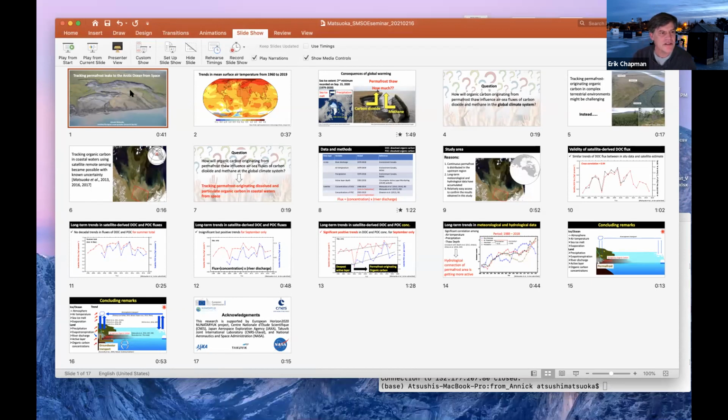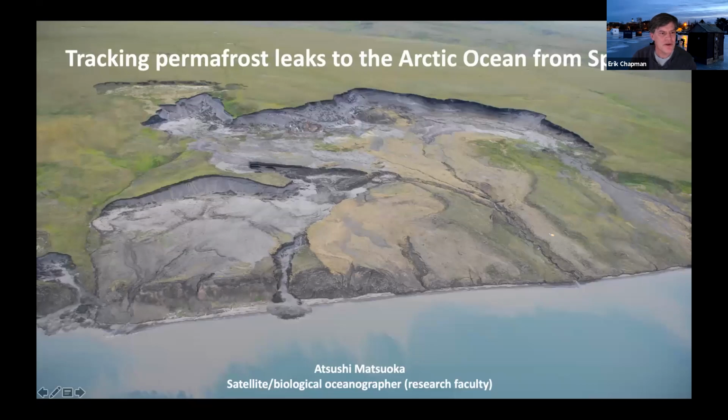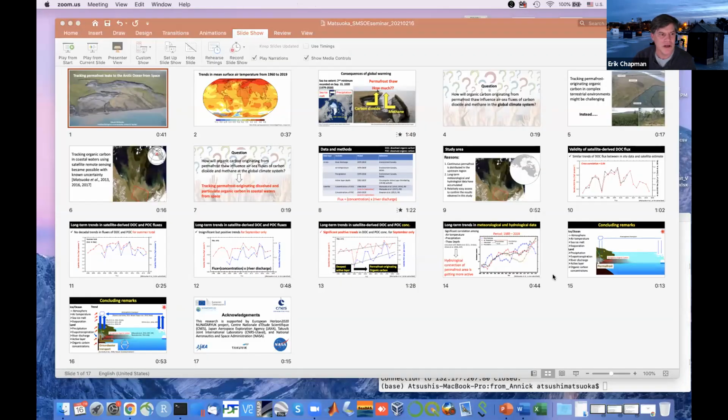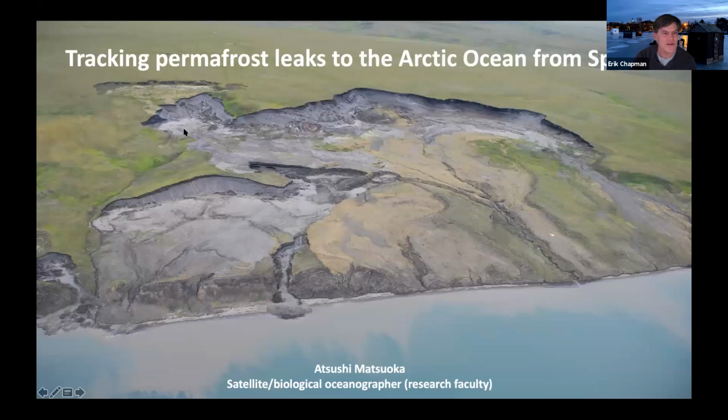Our next speaker is Atsushi Matsuoka. Atsushi arrived in January 2021, not too long ago, and he is a new satellite biological oceanographer research faculty member in the Marine School. He came from the Takuvik Joint International Laboratory in Quebec City, Canada, where he was the lead of the remote sensing group. He received a doctorate in satellite oceanography and marine biooptics from Hokkaido University in Japan, and conducted postdoctoral research at a university in Paris, plus at the Takuvik Joint International Laboratory in Canada.